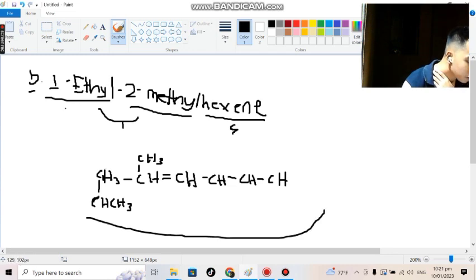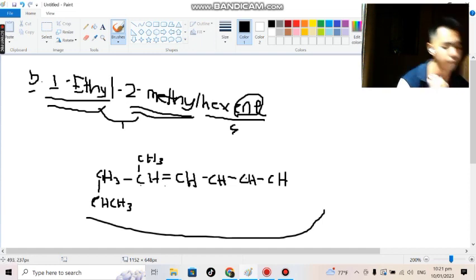In the first carbon we have our ethyl, so this is satisfied, and in the second one we have our methyl, so this one is satisfied also, and then we have our double bond here, so this one is satisfied. So 1-ethyl-2-methylhexene.